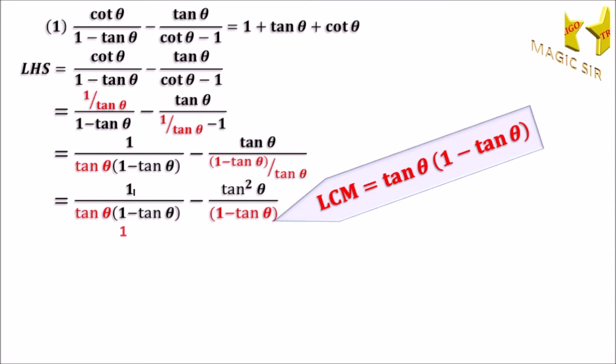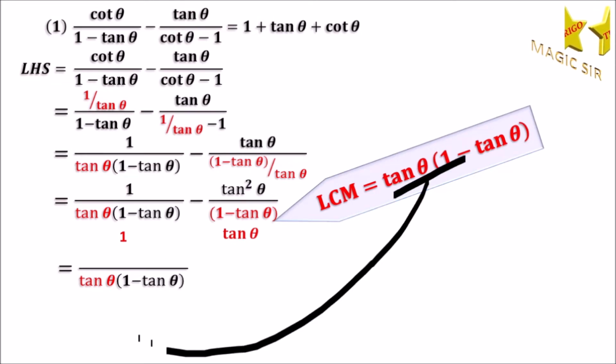It can be achieved by multiplying the denominators of the first term by 1 and the second term by tan theta. Now we can combine two fractions into one with denominator as tan theta into 1 minus tan theta.